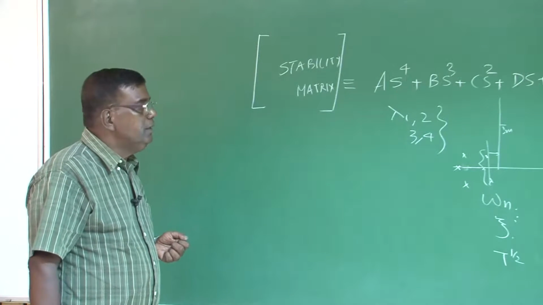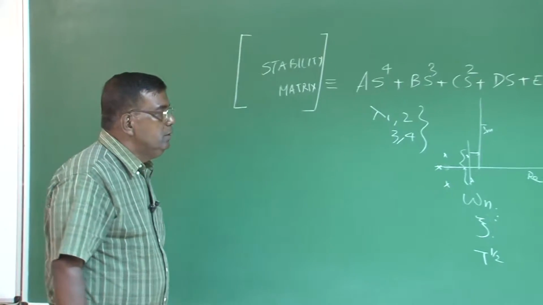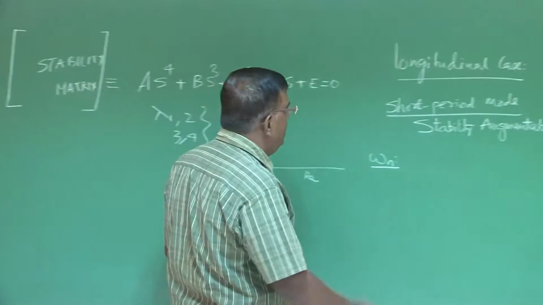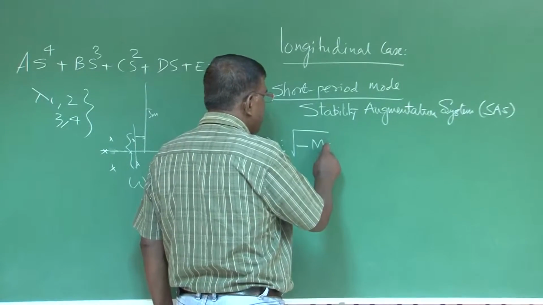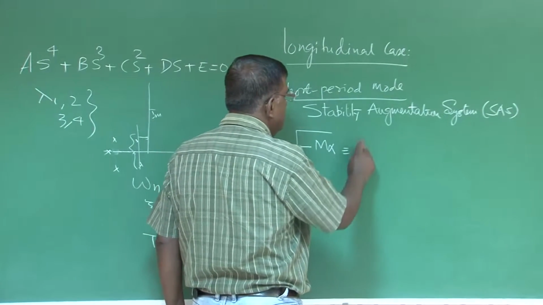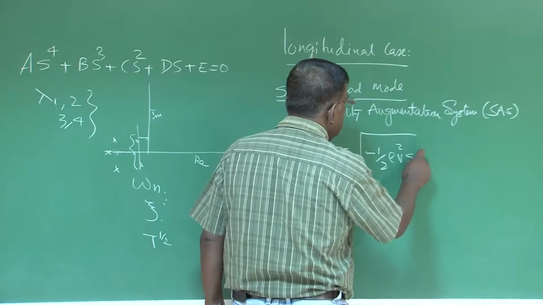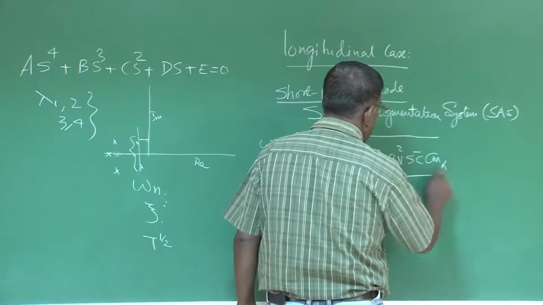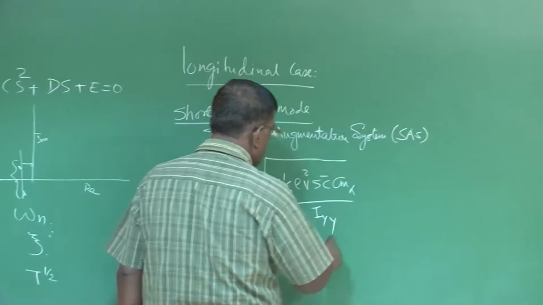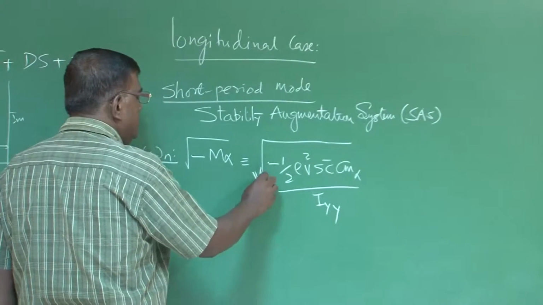But for a designer, he will always try to start with a simpler thing. So, omega n, if you see for a pure pitch, will be root of minus M alpha, and this you know is equal to minus half rho V square S c bar Cm alpha by Iyy, whole under root.